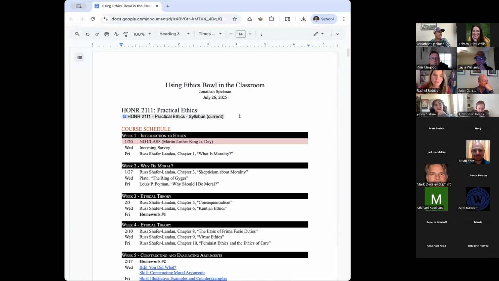We had a team and got started, and I thought this would be a great thing to use in the class, but it takes a long time to do a round of the ethics bowl. So you're always modifying or trying to figure out how to make this work in a particular context.